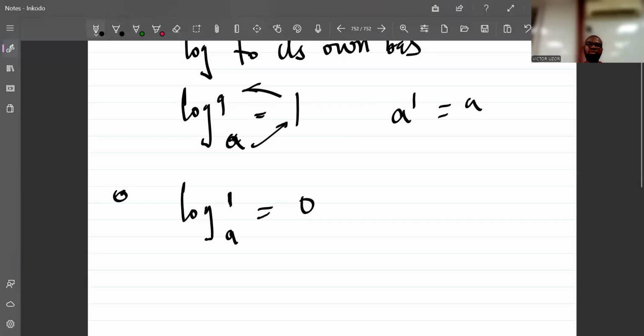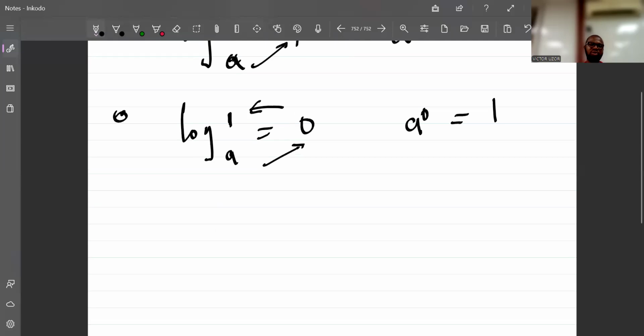Now, another one, just like the power law, I like having people know this. When you have this log, base power, you can call it base power or power of the base. How do we do that one?